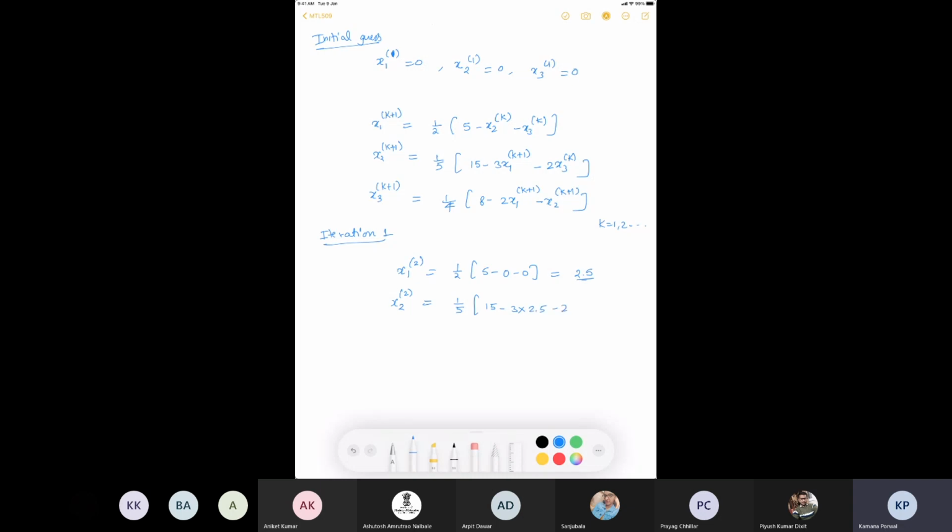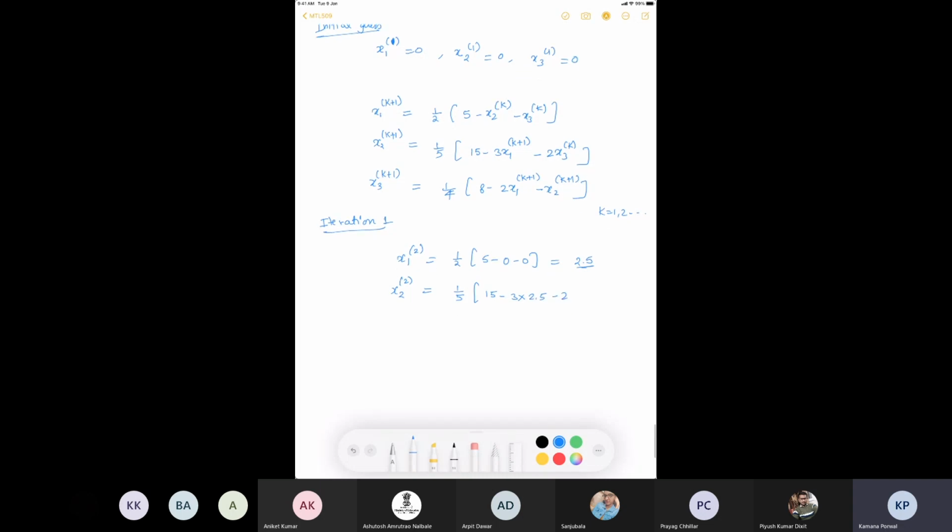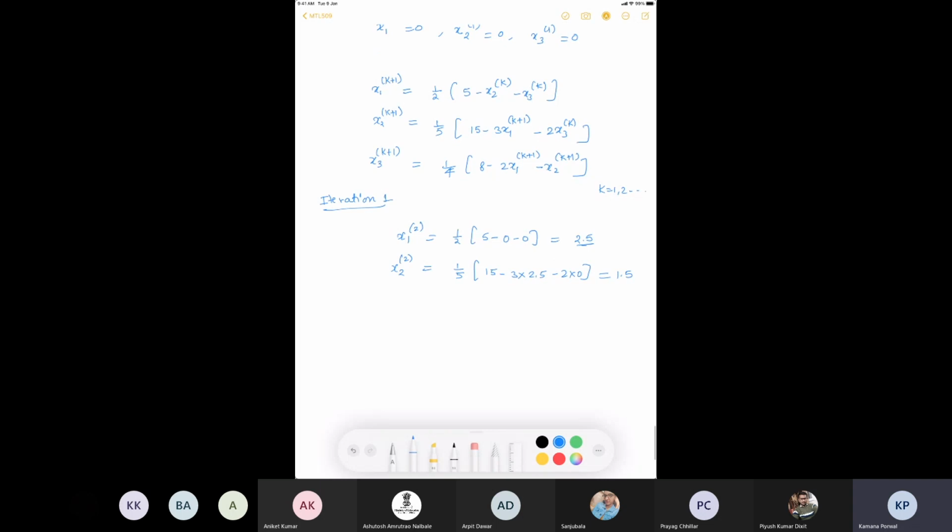So this will change from the previous approximation. Minus 2 into 0. So this is 1.5.